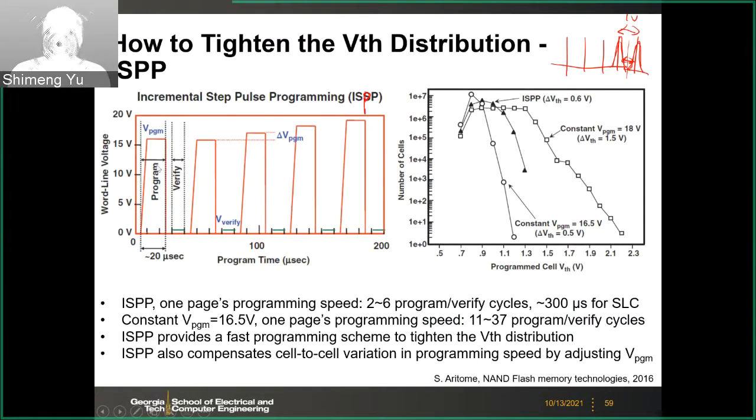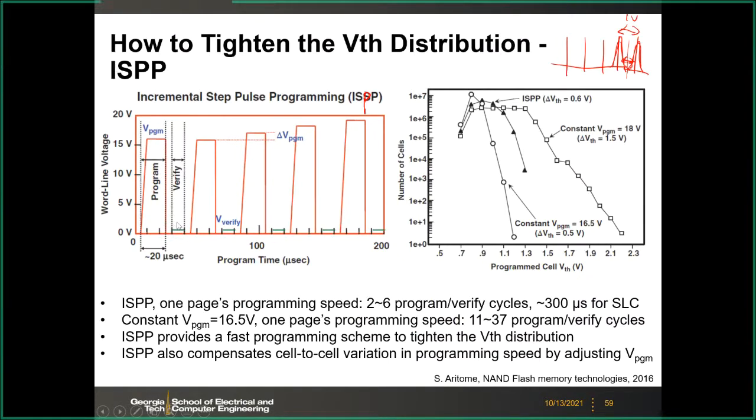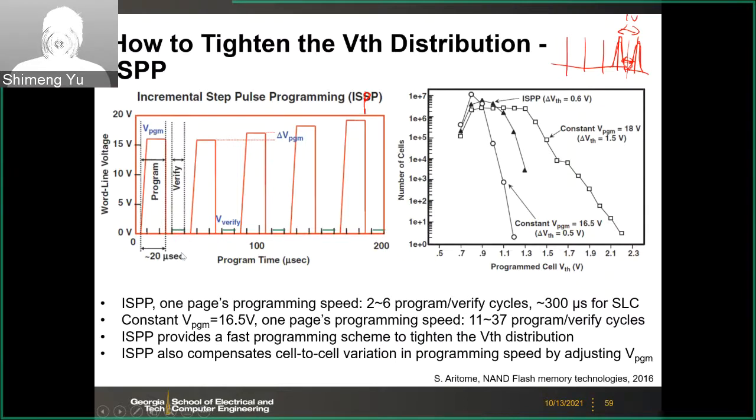The idea is to write and verify. First you apply a relatively low programming voltage, in this case 16 volts to start with. After the first program pulse, you read out and compare to your target VTH. Of course, eventually you compare a readout current.